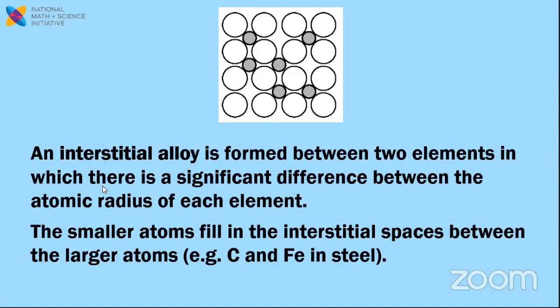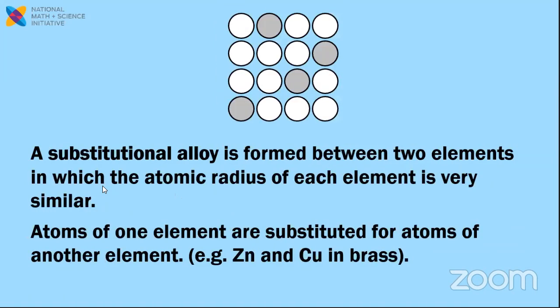The atomic radius of one element is much smaller than the other. So the smaller atoms can fill in the interstitial spaces between the larger atoms. Now for a substitutional alloy, because the atomic radius of the elements are roughly the same size, one element simply substitutes for another within the matrix.